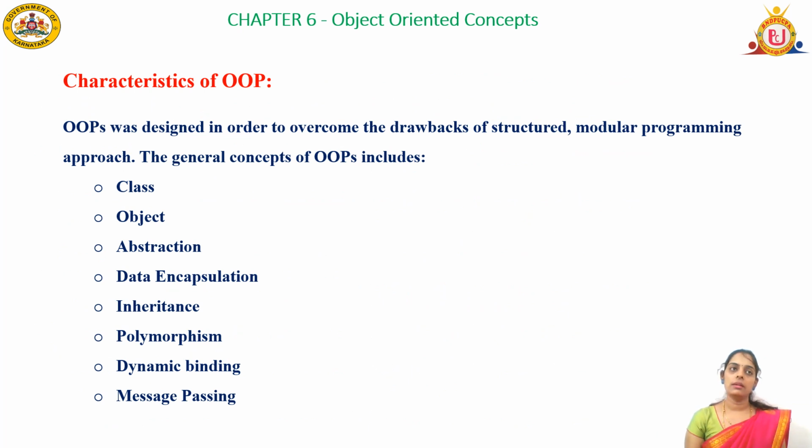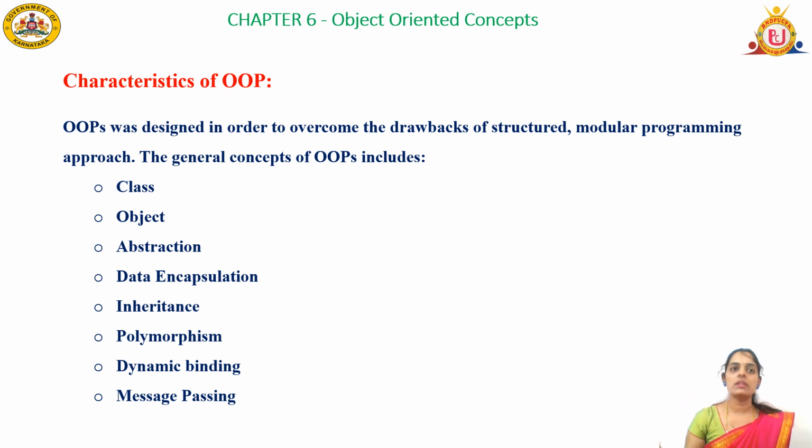Now let's study in detail regarding the characteristics of OOP. As we know, OOP stands for Object-Oriented Programming. OOP was designed in order to overcome the drawbacks of structured as well as the modular programming approach.